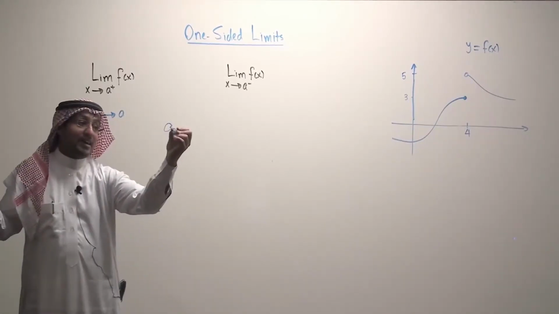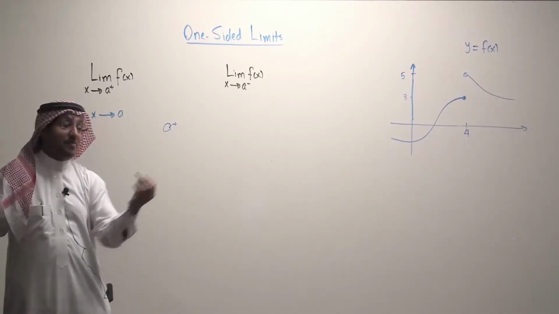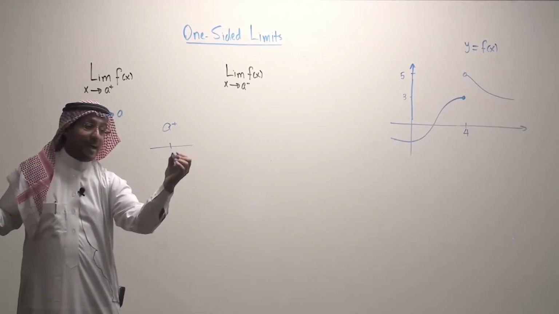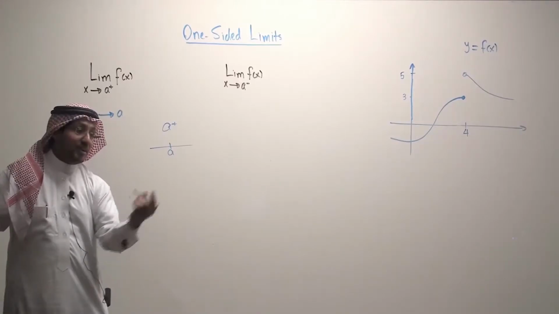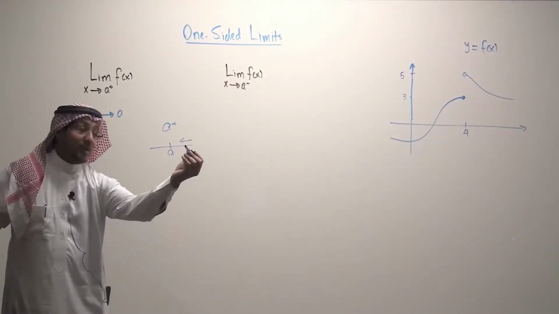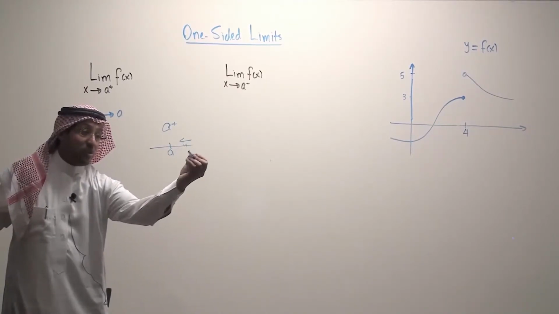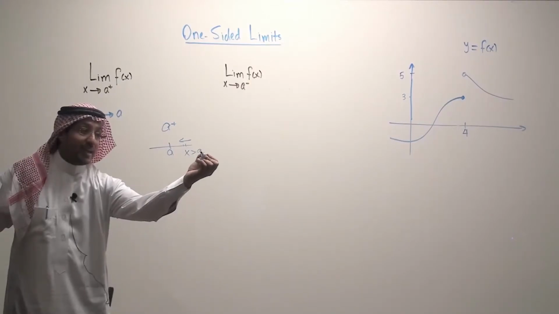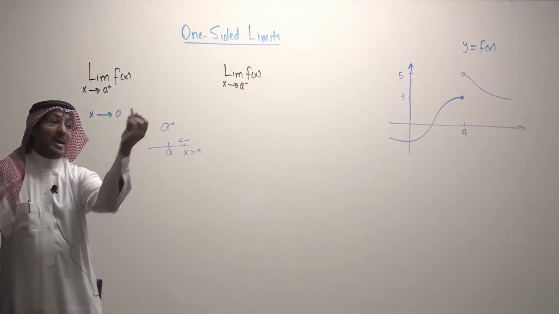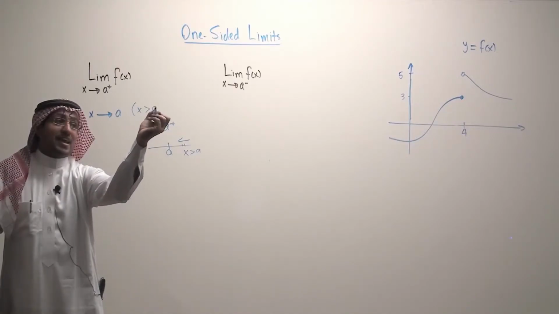So when I write a plus, it means x approaches a from the right side. Now, take this point here, a. When you are approaching a from the right side, it means you are taking values that are greater than a, right? So all these values will be greater than a. So x approaches a, but what? x must be greater than a.